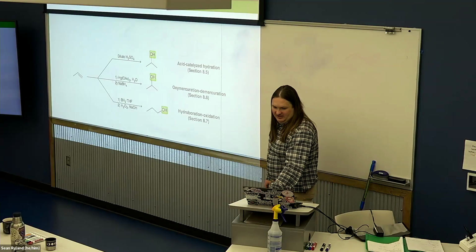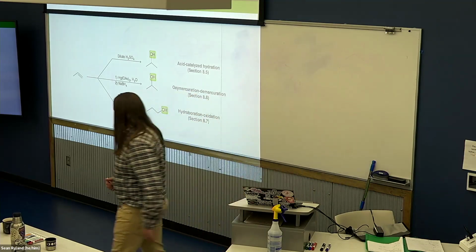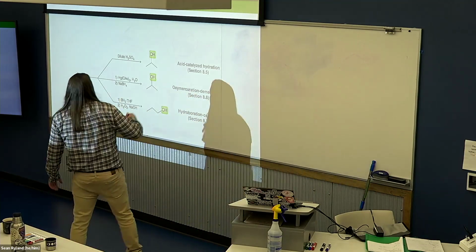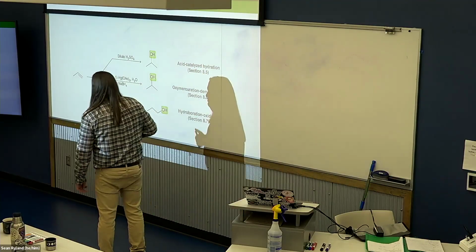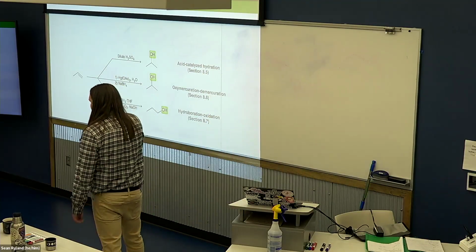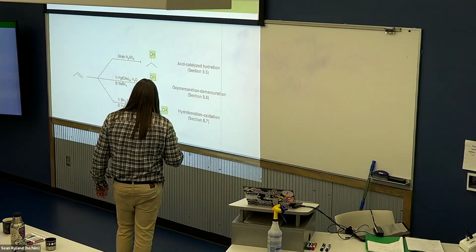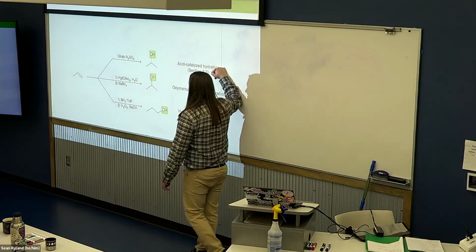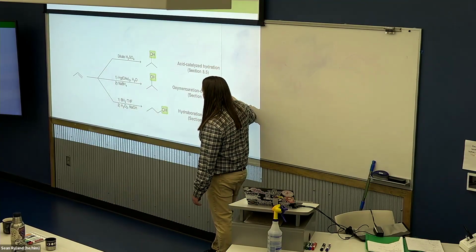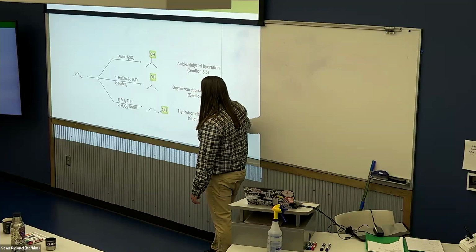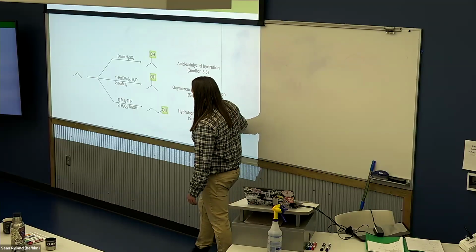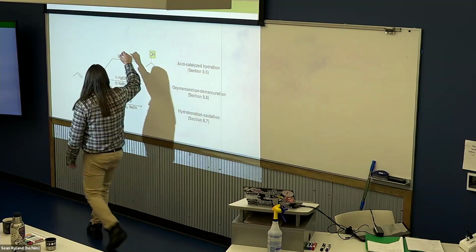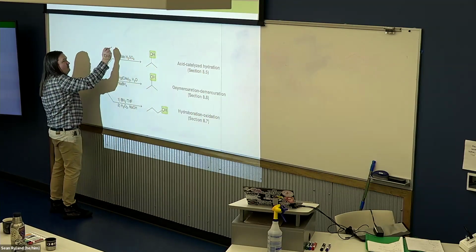All right, couple more slides. This is review. If we want to make alcohols, we have several different ways to do that. We had acid catalyzed hydration, oxymercuration-demercuration, and hydroboration-oxidation. We can label these with more details too.